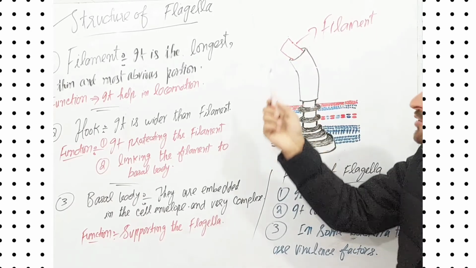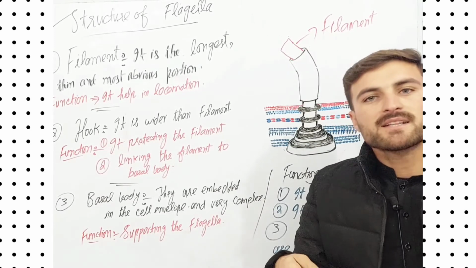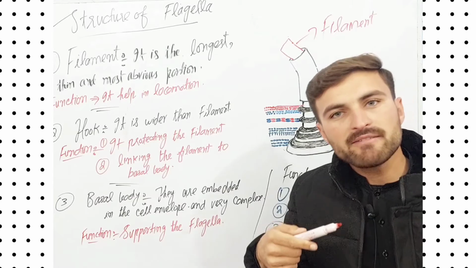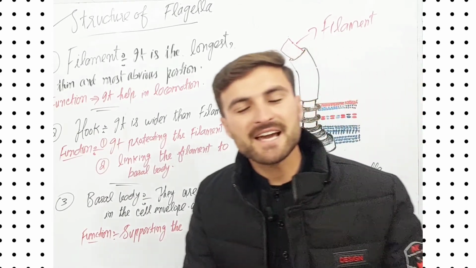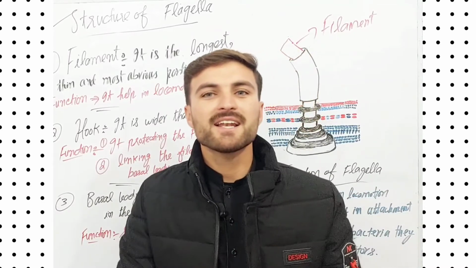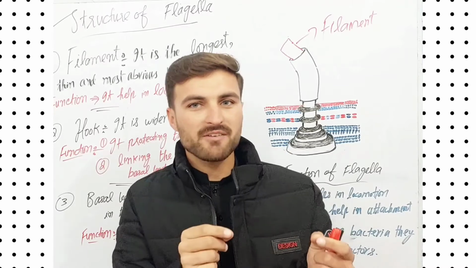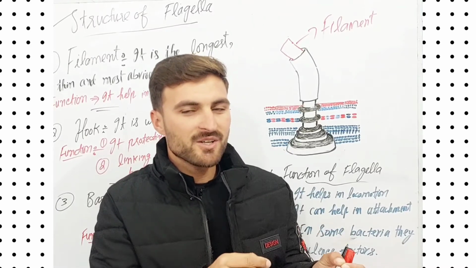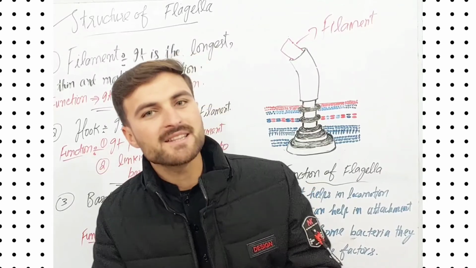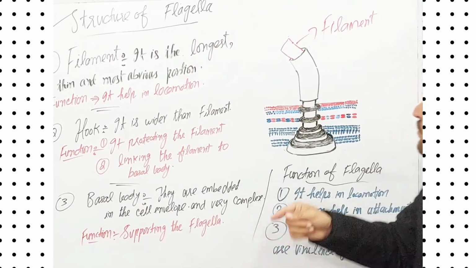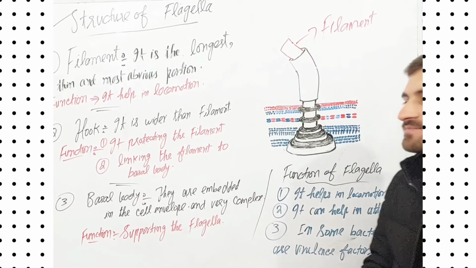When it moves, because of its movement, the bacteria has locomotion. It acts like the tail of a fish. When the fish moves its tail, it has locomotion. So when the bacteria moves this filament, the bacteria has locomotion.